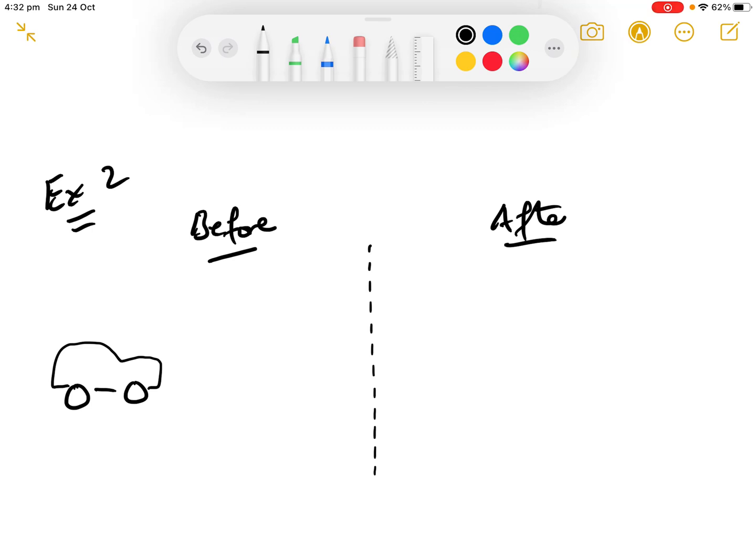Let's make the first one be 800 kilograms, and it's coming in at 20 meters per second. So that will be M1, and it bangs into a second car, which is originally at rest.